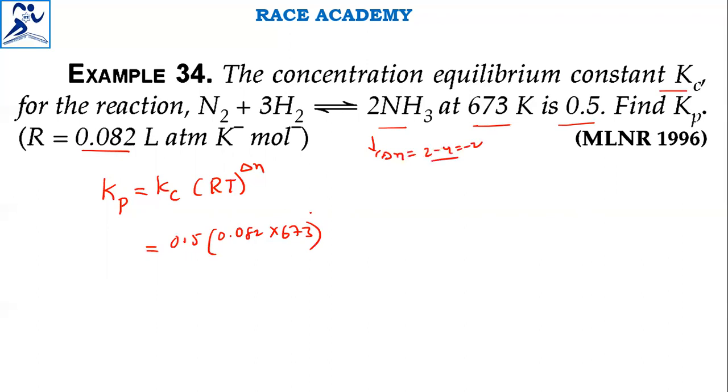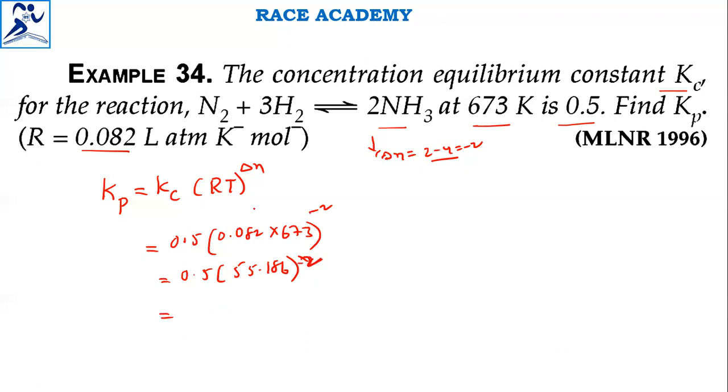Right? I will write minus 2 power. So once this is simplified, 0.5 into the internal value, I have got 55.186 whole power minus 2.